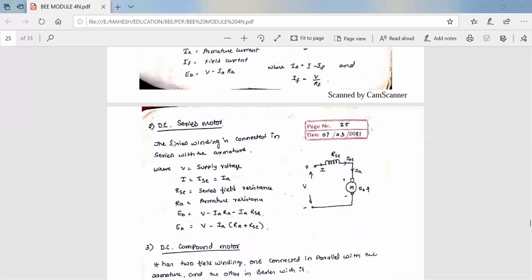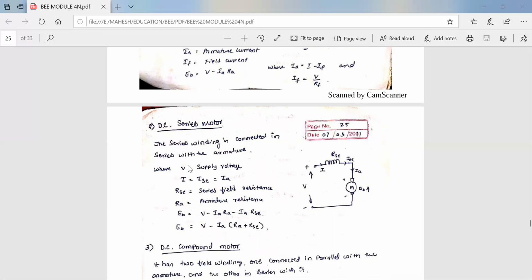Similarly, the DC series motor. Here the series field winding is connected in series with the armature. You can see in the circuit that the field winding is in series with the armature, and IA equals ISC and ISC equals I, as the winding is in series, same as in the DC series generator.